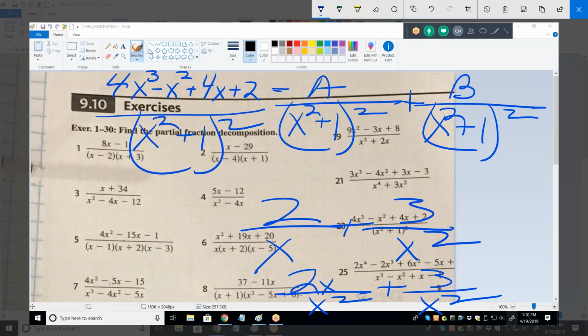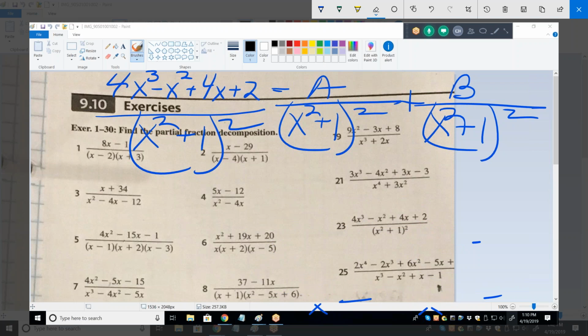Okay. So the B term would remain the same, but would it be A times x squared plus 1 over x squared plus 1 squared? Well, because you started out with that example with 2 over x, yeah.